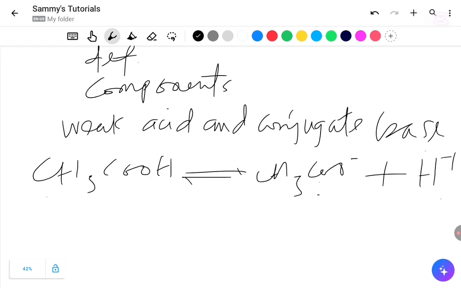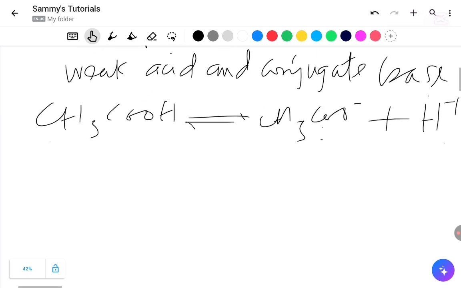So now in this case, what will now make this a buffer? This ionized conjugate base, if you add sodium hydroxide to it, this is what you have. Are you following?